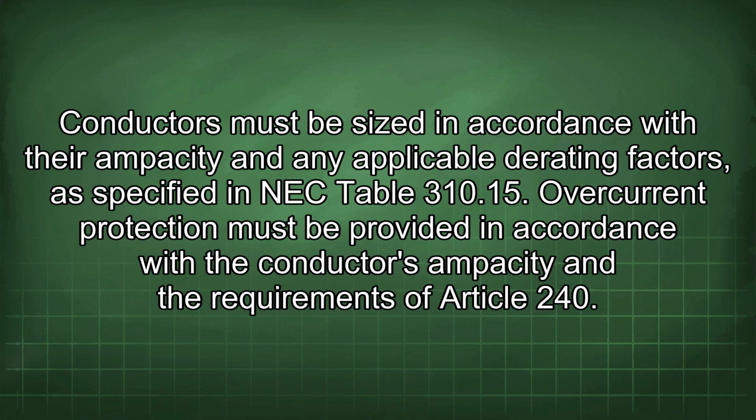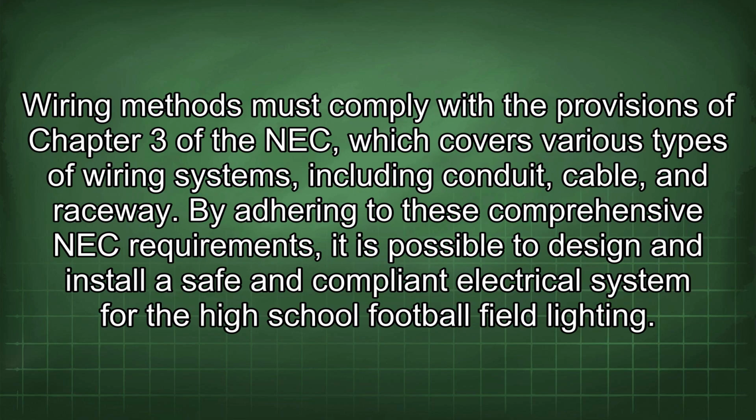Overcurrent protection must be provided in accordance with the conductor's ampacity and the requirements of Article 240. Wiring methods must comply with the provisions of Chapter 3 of the NEC, which covers various types of wiring systems, including conduit, cable, and raceway.